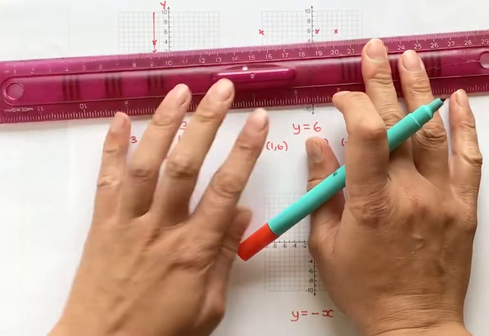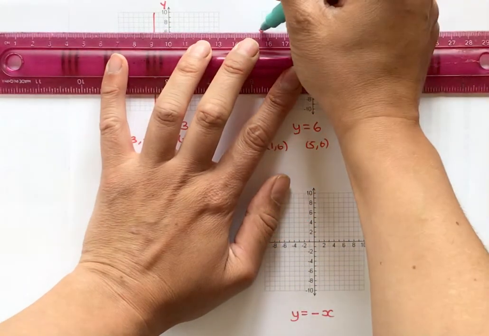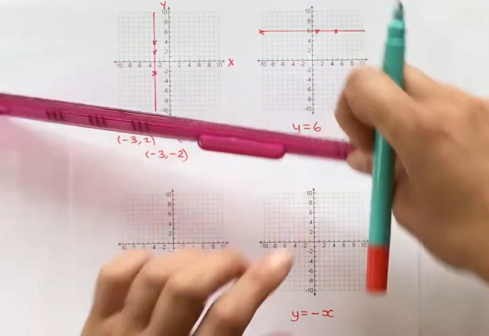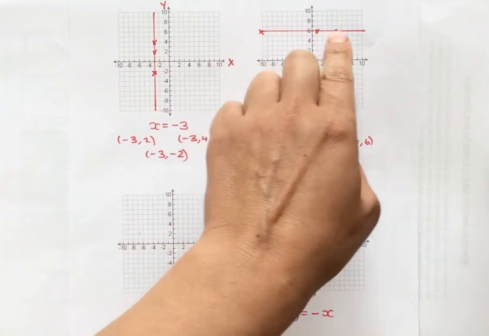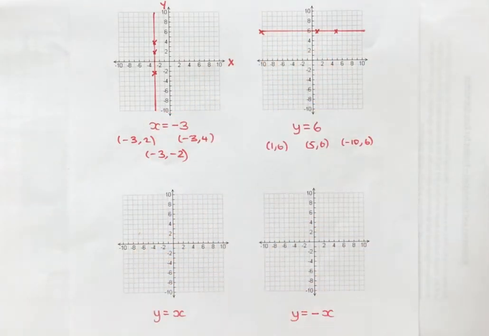So if you have an equation which is x equals a number, it goes through the x-axis at that number, so it will be a vertical line going through the x-axis at that number. If you have y equals a number, it goes through the y-axis at that number, so it's a horizontal line.